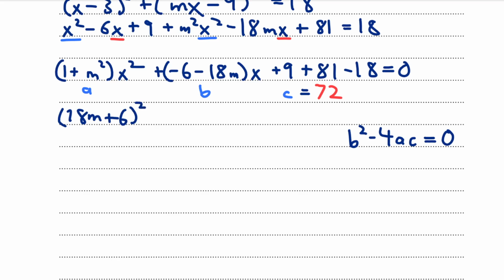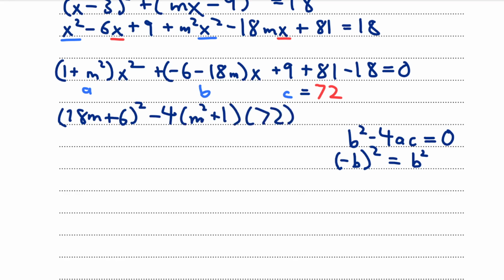Now if you're wondering why I multiplied this by −1, it's simply because (−b)² is equal to b², and this is just for convenience. So we have minus 4 times (m² + 1) times 72 equals 0.